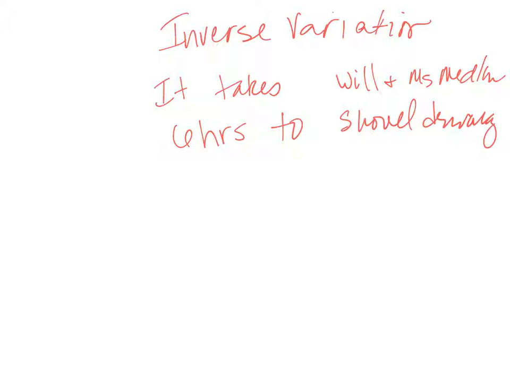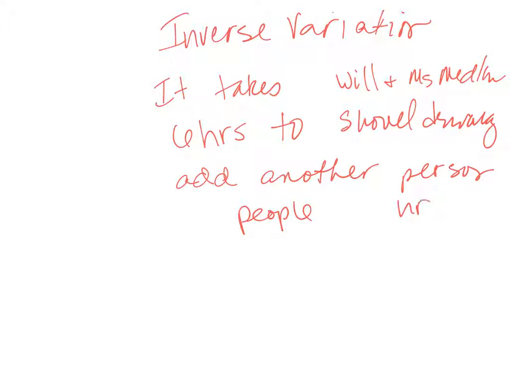So we're going to add another person. So now this is how it works. You have people and you have hours, okay? If 2 people take 6 hours, how many hours will 3 people take, right?